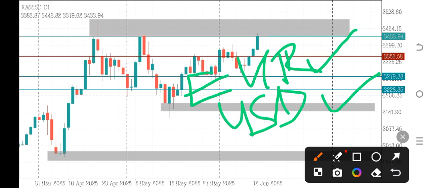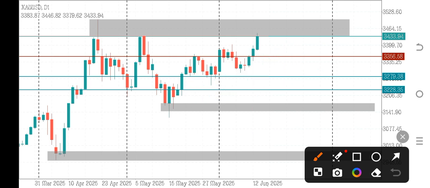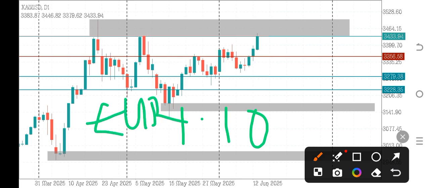For example, let's say 1 Euro USD is 1.10. Now it means that 1 euro is equivalent to $1.10.